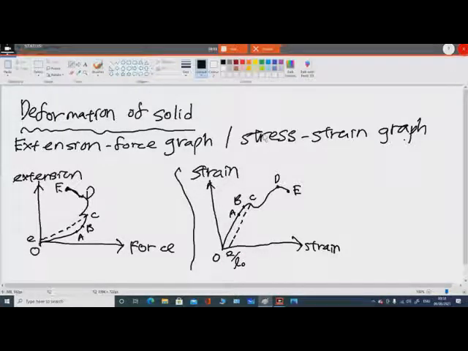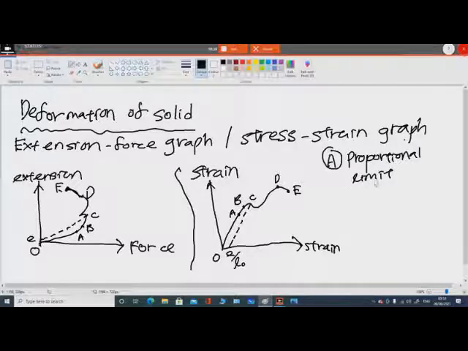Okay, so let's talk about point A. Point A, we define it as the proportional limit.